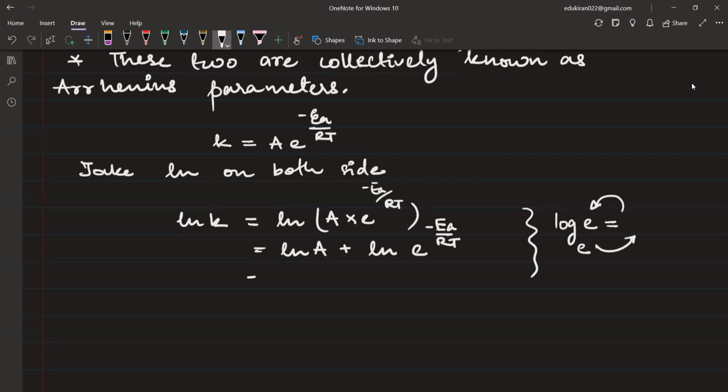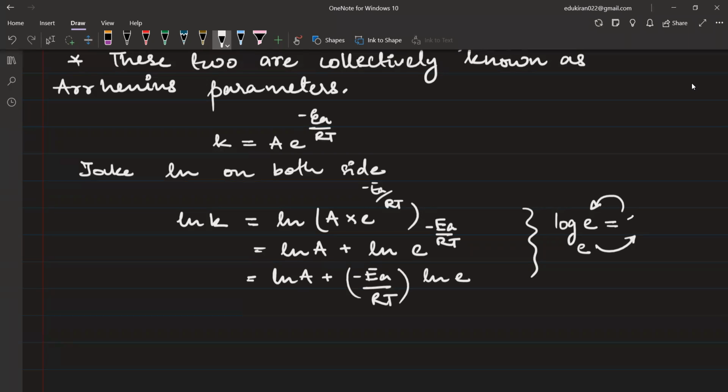First of all, I need to get rid of this exponential part. So I can write ln A plus minus Ea upon RT, from the power rule, into ln e.